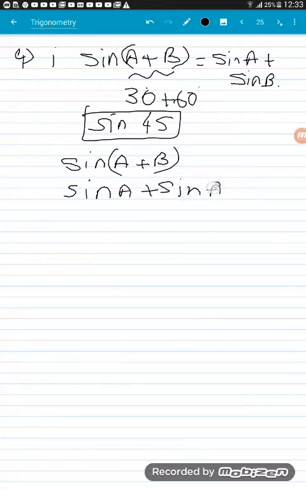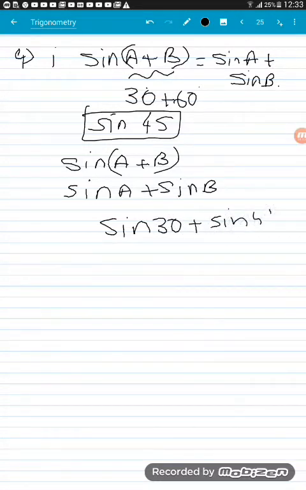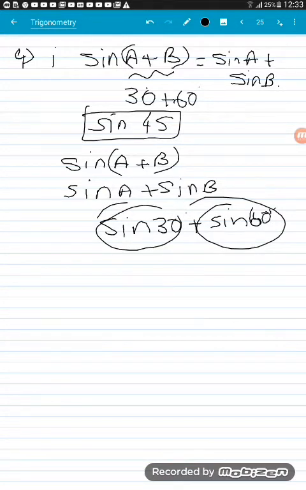You can't solve this method, because we do not add sin 30 plus sin 60 degree, because sin 30 is a separate value, sin 60 is a separate value, so you can't add. So by this proof we can say that this is wrong, or this is false.